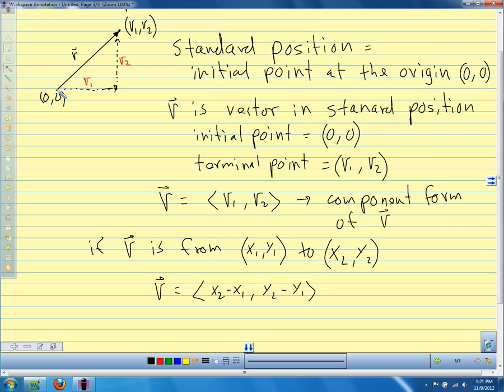So if this point is not at 0, 0, I'll redraw this picture over here.